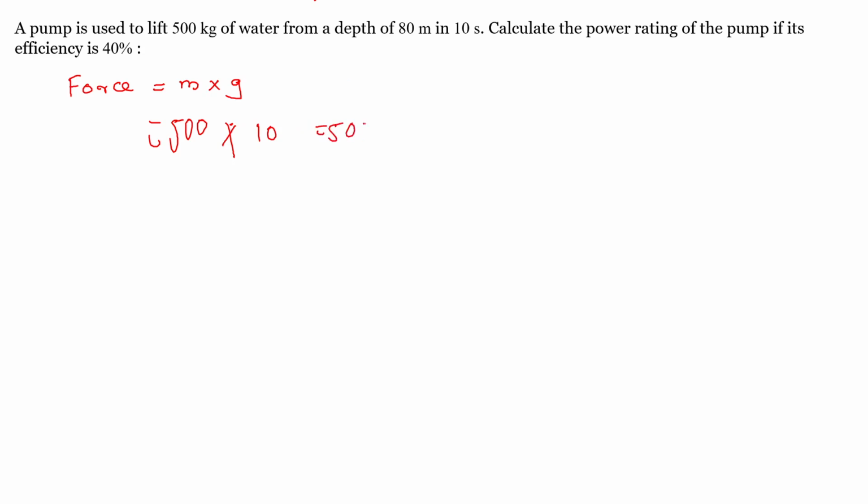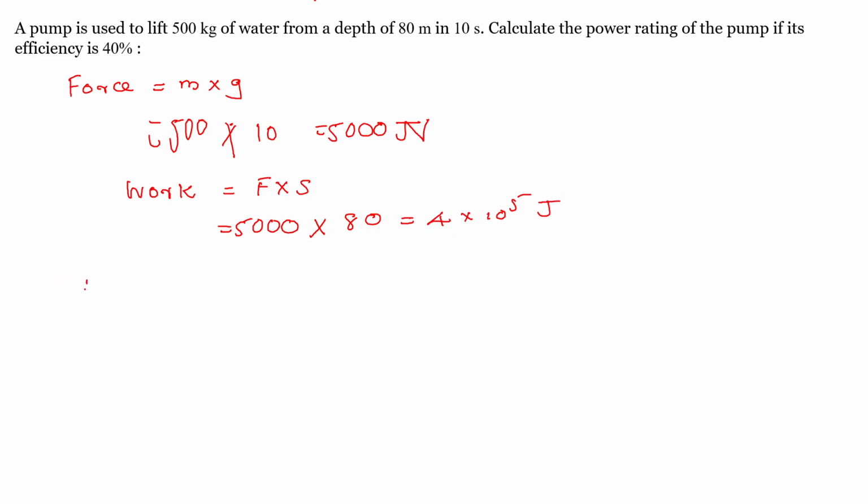It will be 5000, sorry, 5000 Newton. Now you can take work is equal to force F times S. So it will be 5000 times the distance, which is given as 80. So your answer will be 4 times 10 to the power 5 joules.